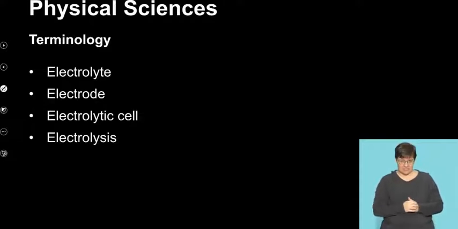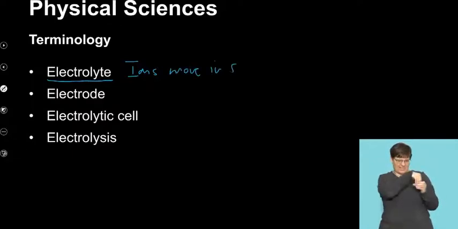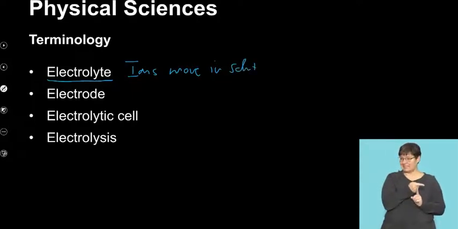So just like we had a solution in a half cell where we would make sure that we've got ions in solution, ions that can move in a solution, that's your electrolyte.